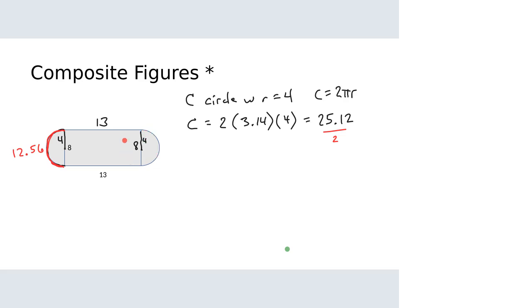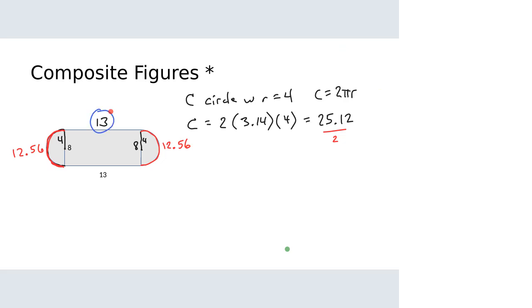If I find the circumference of that whole circle, it's going to be 25.12. And so if I want the distance around half of that circle, that's going to be 12.56. It's going to be the same as the other side. Now I have all the information I need to find the perimeter of this figure.